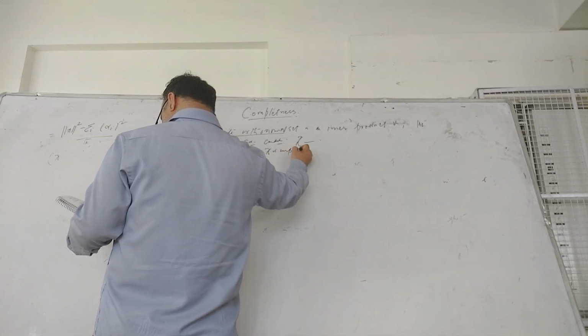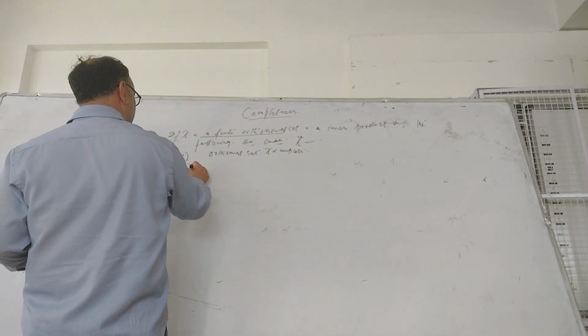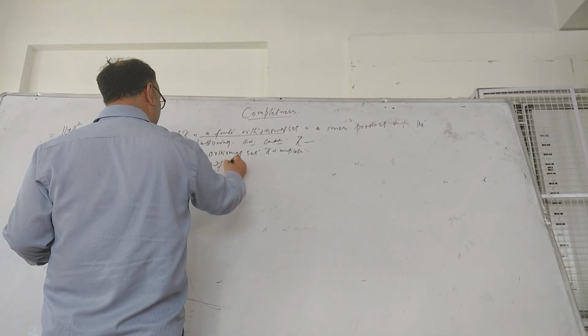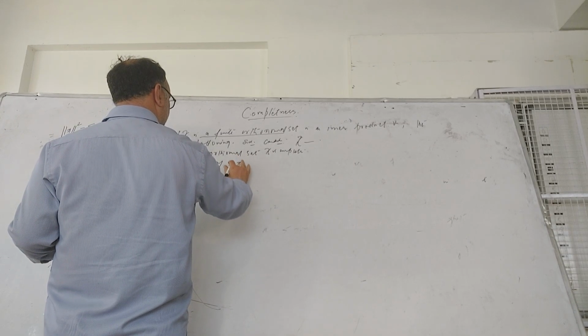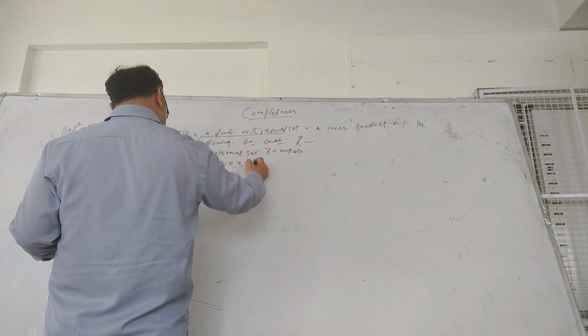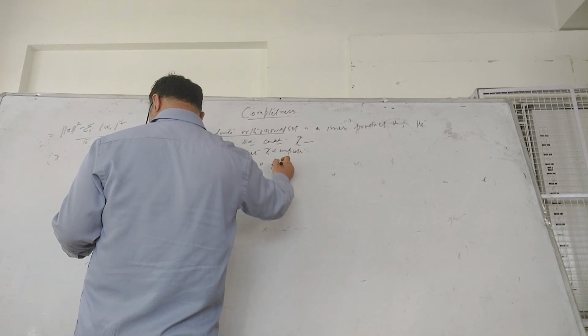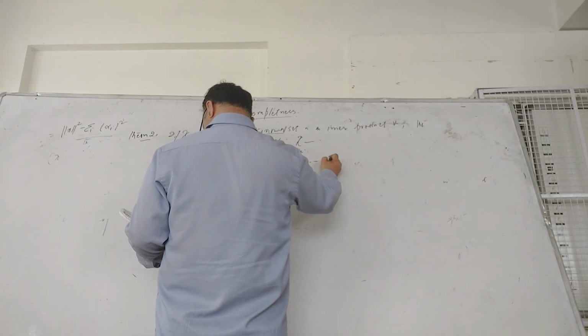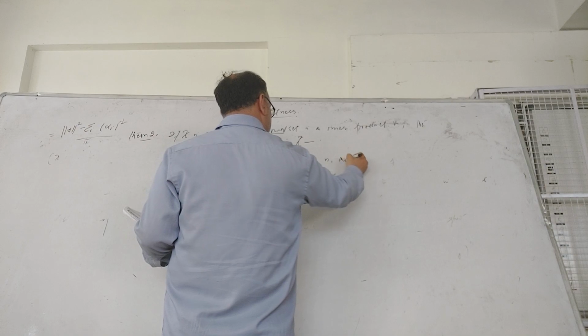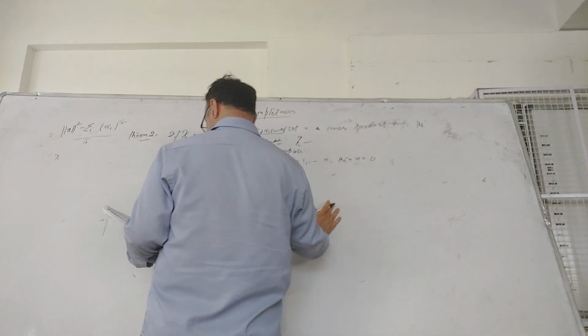The second assertion: if (x, xi) is 0 for i equal to 1 to n, then x is 0.